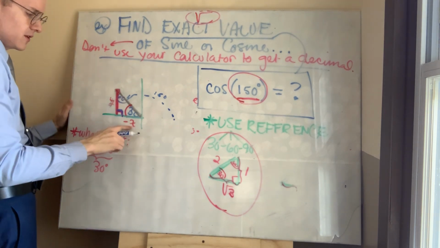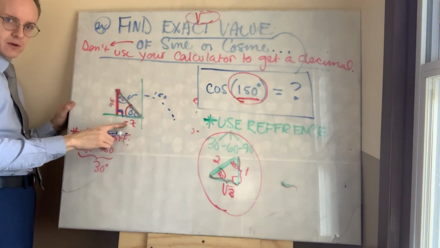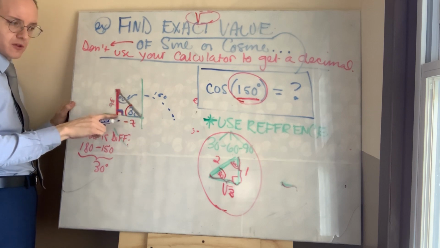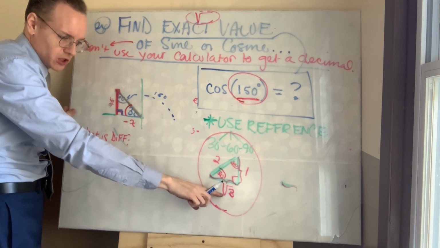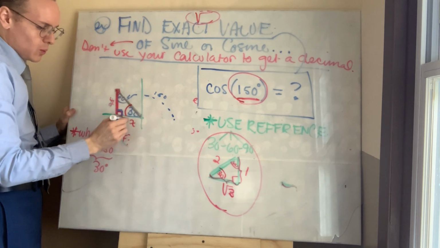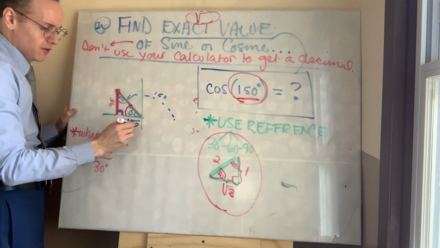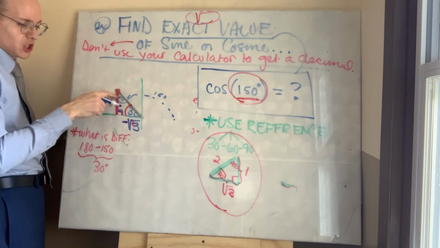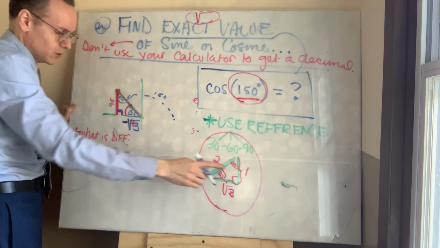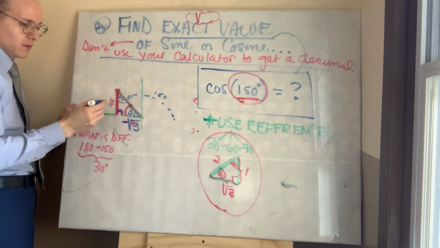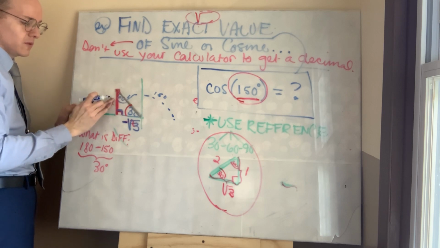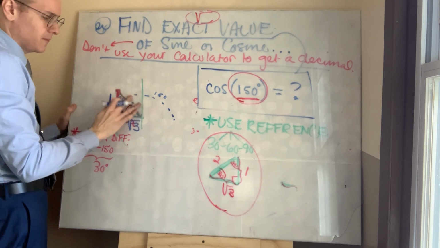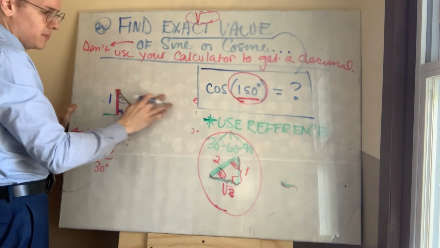Then that means that the dimension, although it would be negative here, would be whatever the dimension is normally adjacent to 30. If normally the dimension adjacent to 30 is square root of 3, what I'm going to have is negative the square root of 3. And what would be adjacent normally to 60 is positive 1. This is still oriented in the positive sense. So this would still be positive 1 here. And then the hypotenuse would be 2.